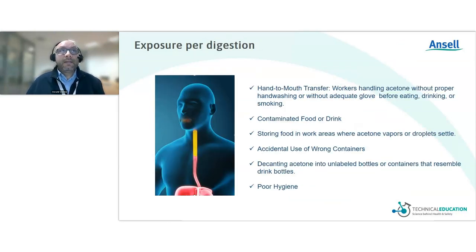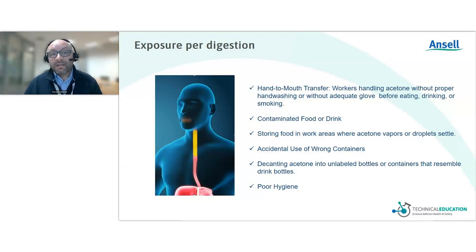The second one is ingestion. In general, it happens with a lack of hygiene. And it's also linked to the first slide that I showed just before this one, the fact that maybe people underestimate the risk of acetone. So maybe they don't clean their hands before going to eat.